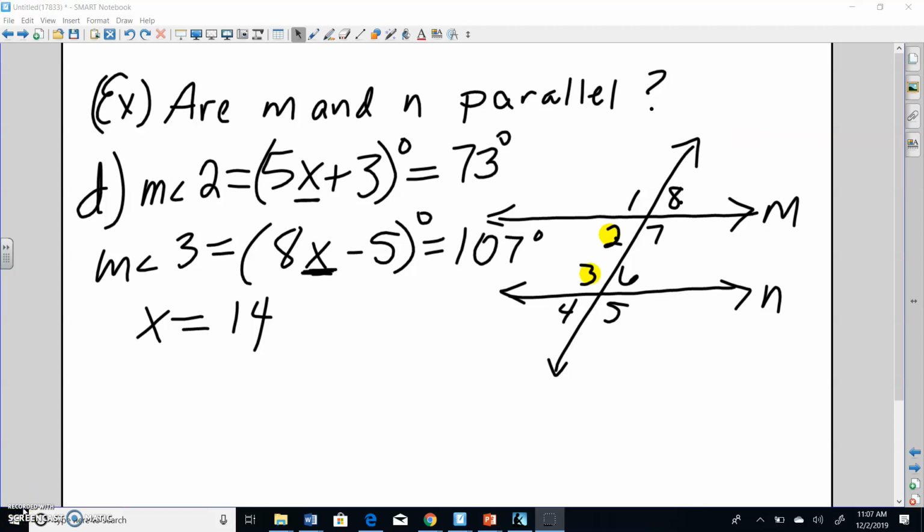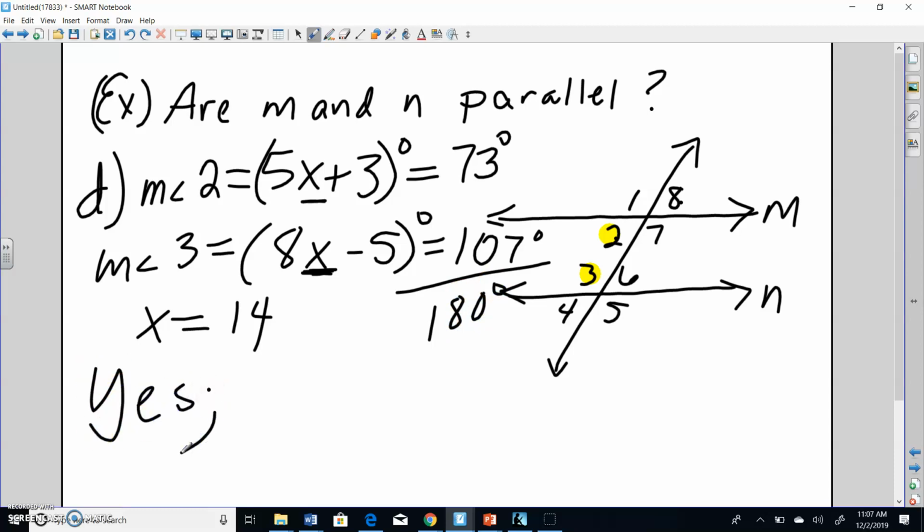Okay, so we plugged in 14 for x, and we got our different values for the angles, and we know that 2 and 3 are same side interior, therefore they have to be supplementary. When we add those, we do get 180, which means they're supplementary. So the two lines are parallel. Yes, they are parallel. How do we justify that they are parallel? Postulate.